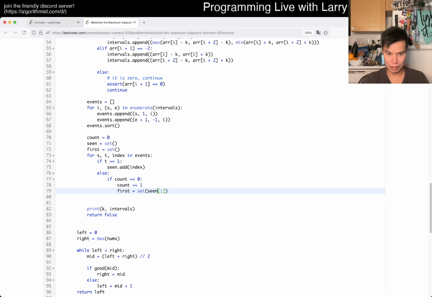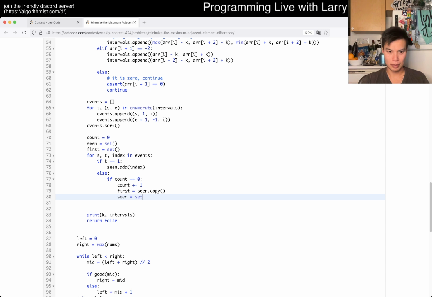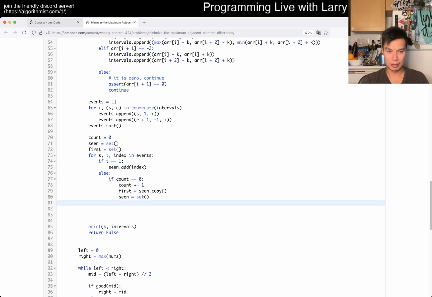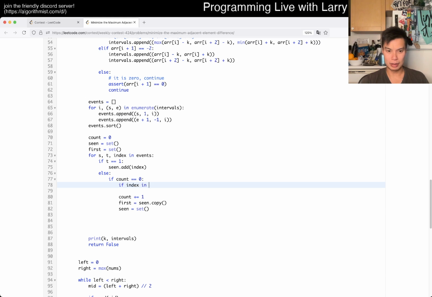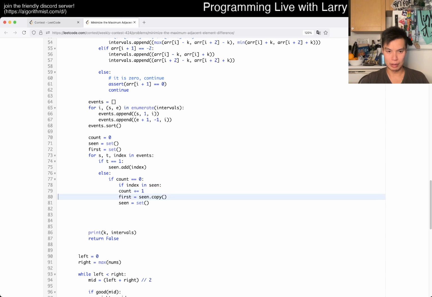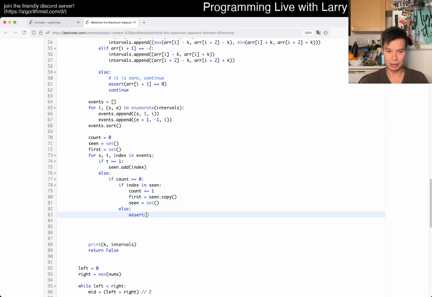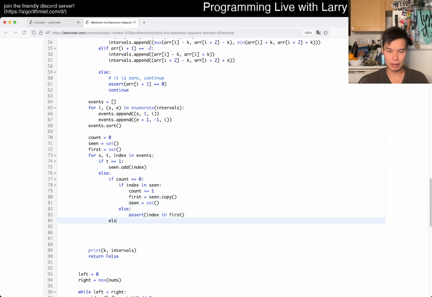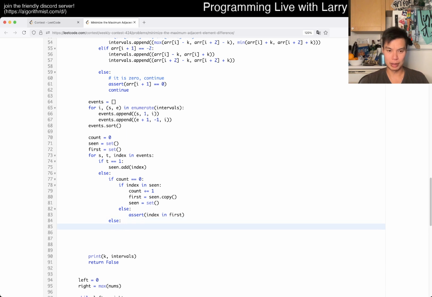Does that work? I hope so. Okay, so if index is in seen, otherwise we just ignore because it's just that it is in first. We can assert that index is in first maybe. Else, count is equal to 1, then you should be done, right?